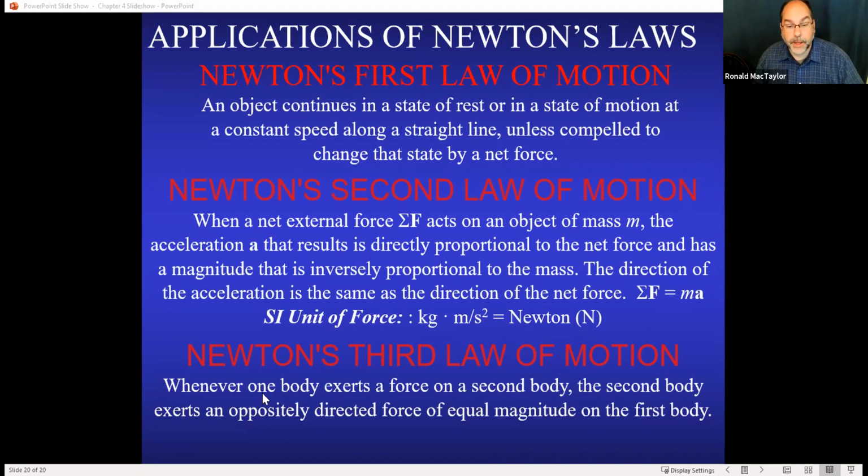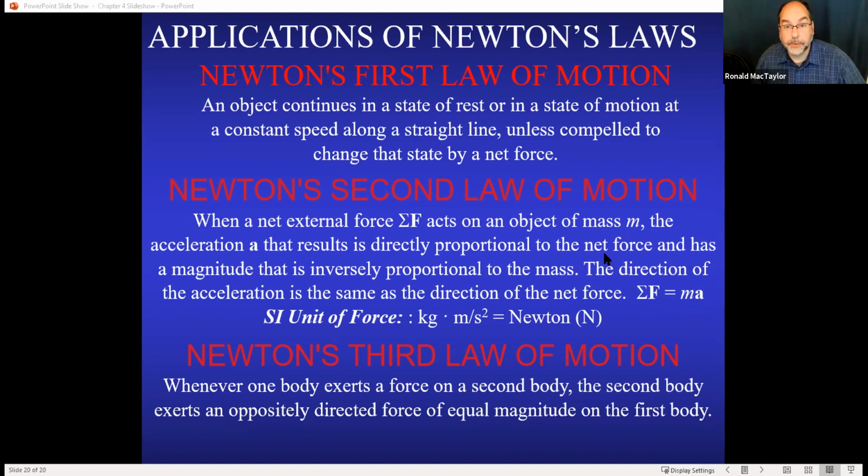Whenever one body exerts a force on a second body, the second body exerts an oppositely directed force of equal magnitude back on the first body. Those are Newton's 3 laws of motion. Out of these 3 laws, we really only have this one equation with 3 terms. So it's pretty easy to use, but we will always be building on the foundation of kinematics.